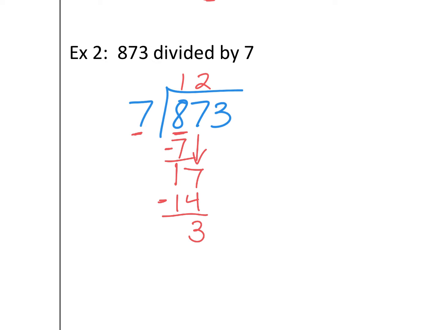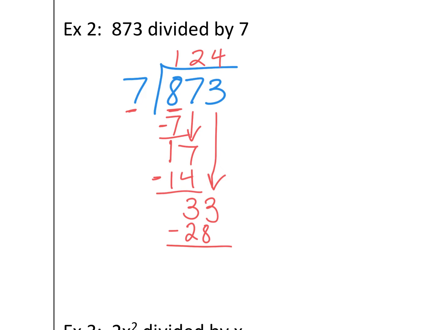And bring down the 3. This one had a few more steps. Now we take that 33, divide it by your divisor. What's 33 divided by 7? How many times will it go in there? 4. And 4 times 7 is 28. Change the sign on that 28. Leaves me with the remainder of 5.